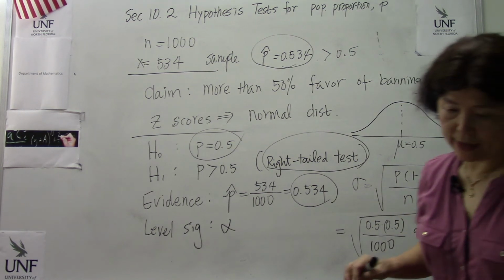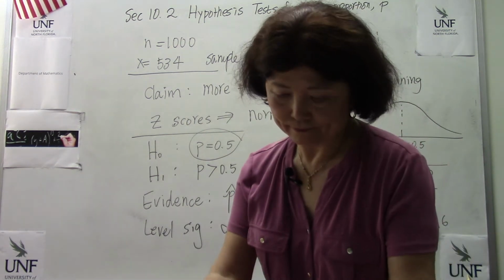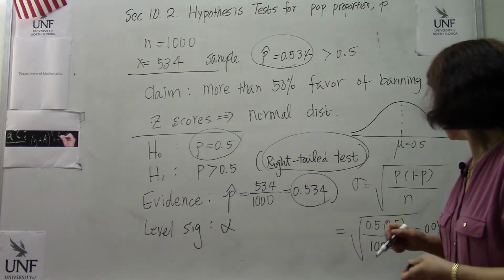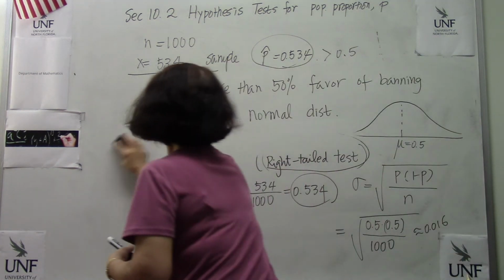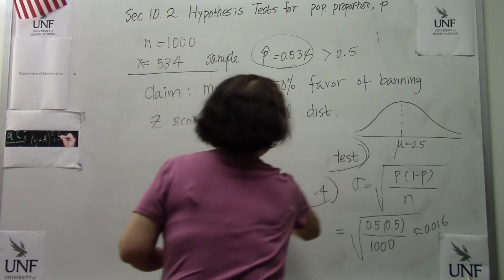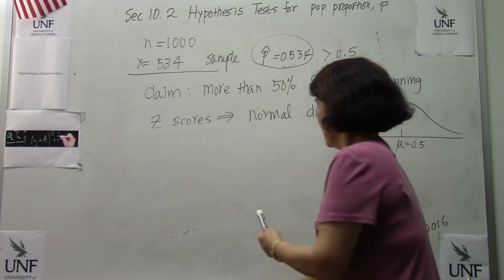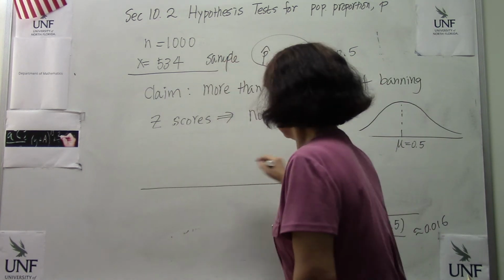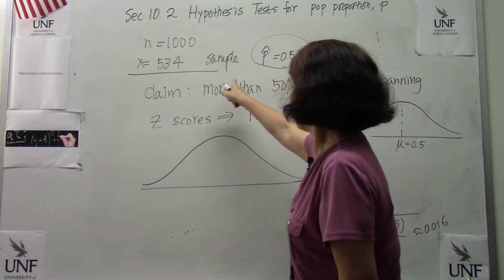0.016. Okay, so that is the sigma. Alright, we have a normal distribution based on our p naught.